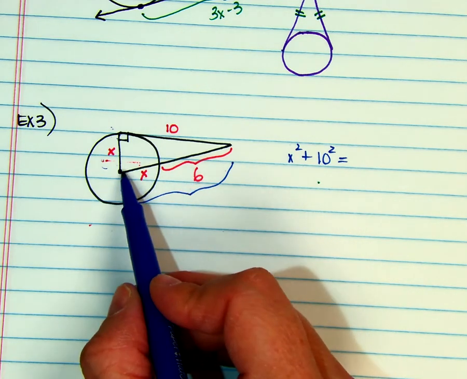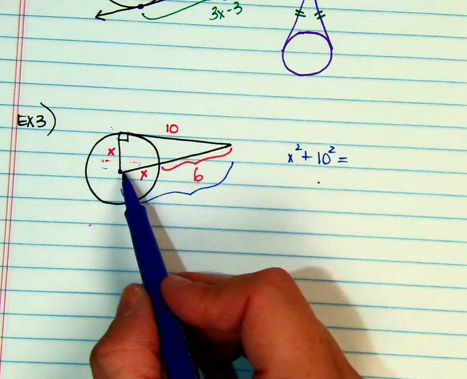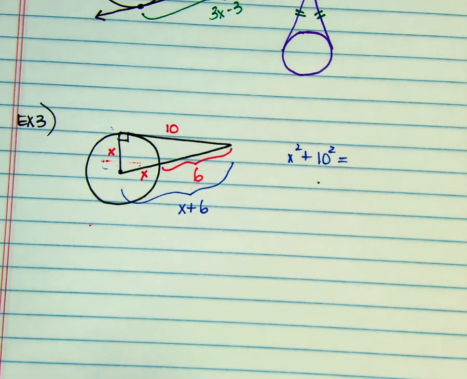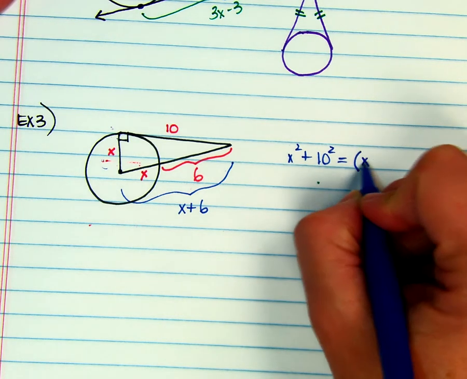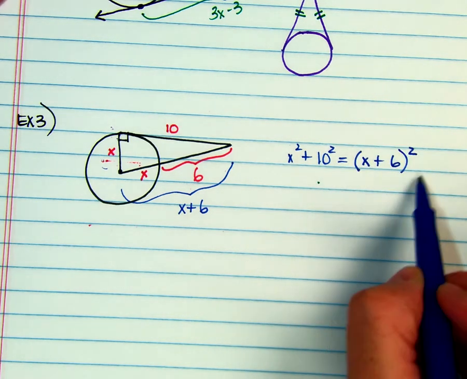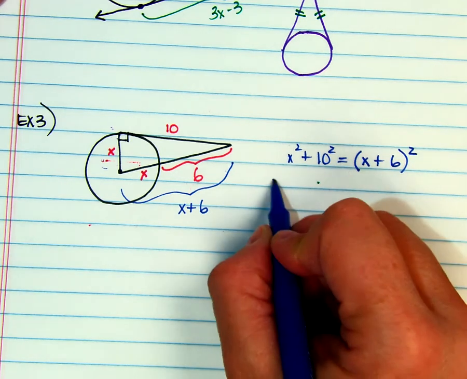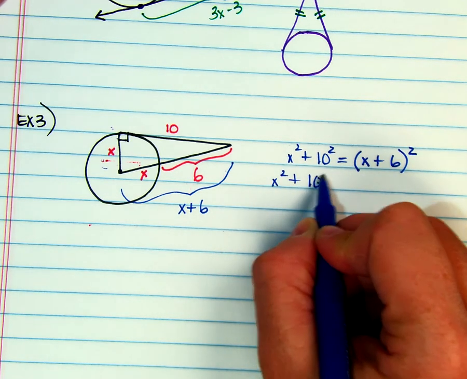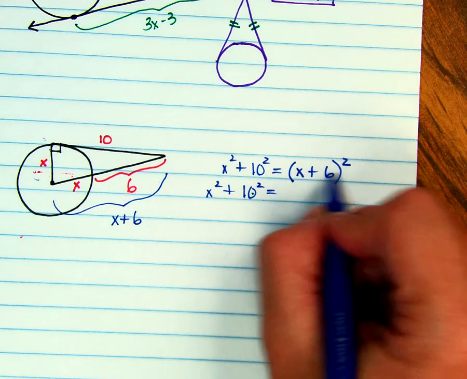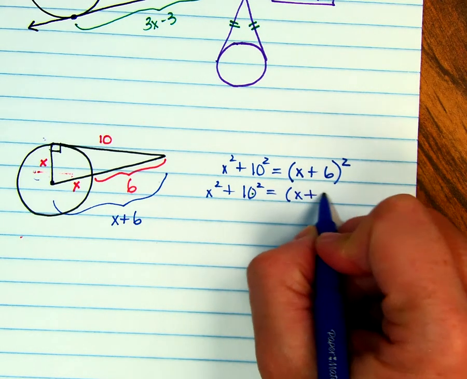If you have that this is x and this is 6, the whole piece of it is x plus 6, not 6x. So I need to square my whole hypotenuse. So you're going to have to remember how to square a binomial. So x squared plus 10 squared equals, you can expand this if you don't know the shortcut.